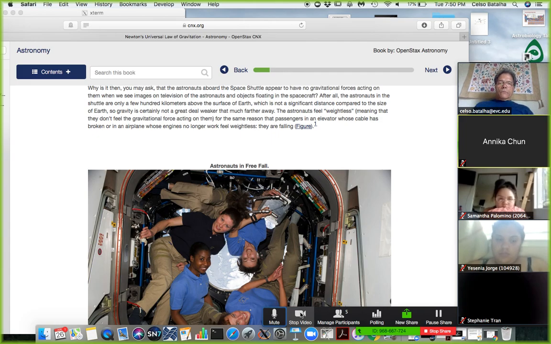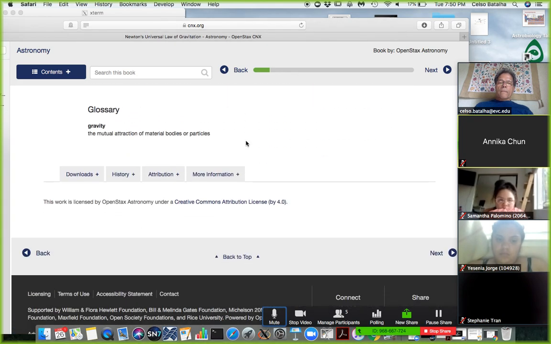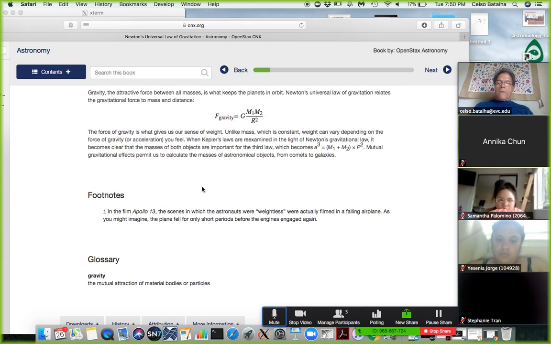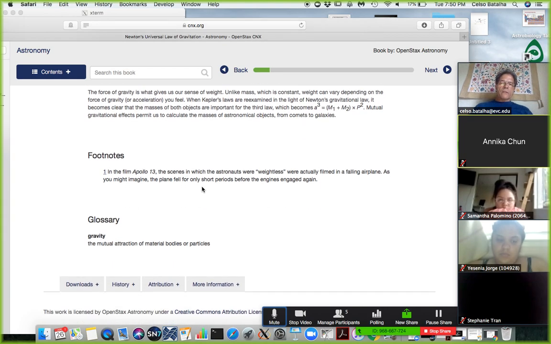I also recommend that you go to the end of chapters and don't worry about mathematics. There won't be mathematics equations for you to solve, or those ratios that appear a lot in homework number 1, scaling of our universe. But if you go to the glossary of every single chapter, I will explore the concepts associated with them.